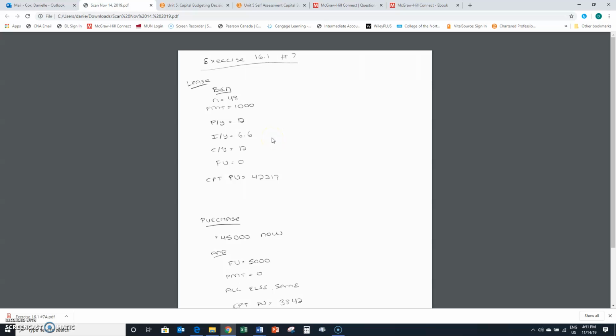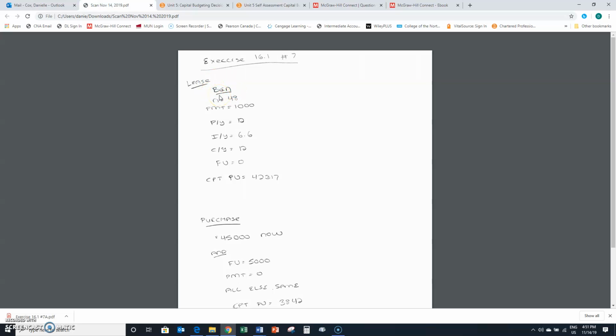So again, when we read through the problem, we know it was beginning mode. It said 4 years at monthly, so 4 years times 12, which was 48, which was our N. The payment was $1,000 per month, payable at the beginning of each month, so that's where we got our beginning mode.